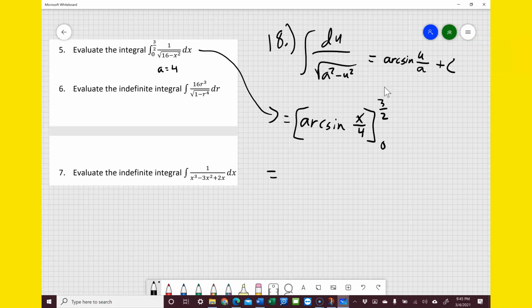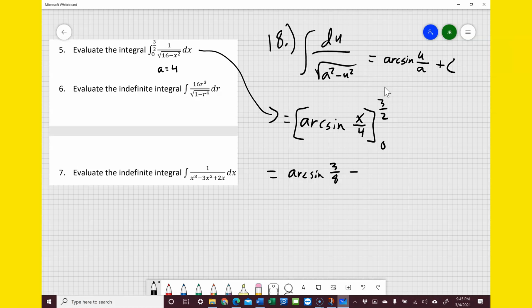So that's going to be arc sine of x over 4, where 3 halves goes in for x. 3 halves over 4. What's 3 halves over 4? That's going to be 3/8, isn't it? 3/8. Ooh, that ain't good there.